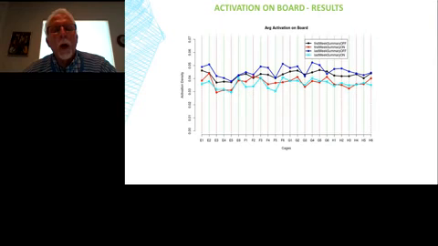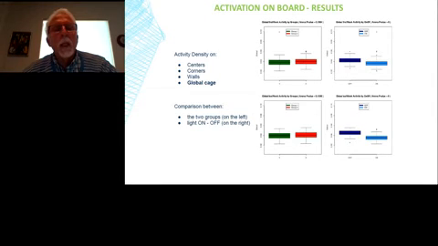When the lights were off, as we would have assumed, there was a lot more activity overall in the animals across the board, both in controls and in the dietary animals. Activation on the boards in regards to centers, corners, walls, and global cage was much more active in the evening hours again, and again into the corners we seem to see more because these guys are more thigmotactic.